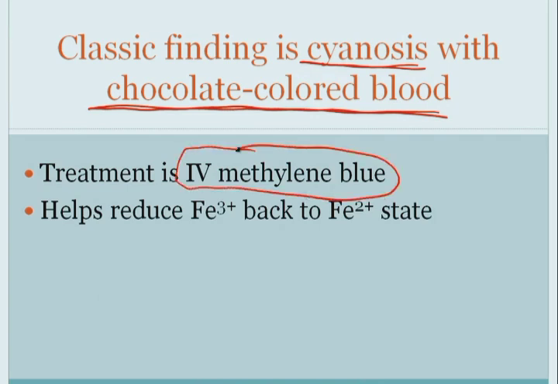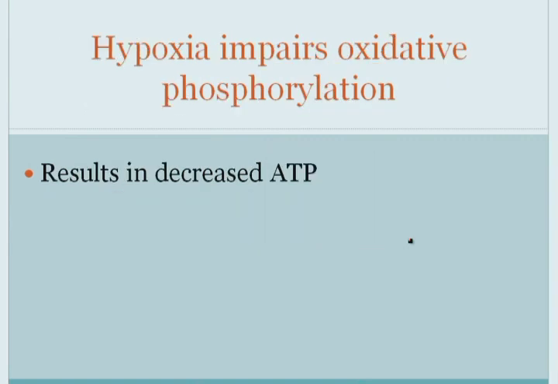It's important for generating the necessary mediators that will reduce iron back to its 2+ state. If I wanted to summarize methemoglobinemia in just a very simple principle, I would say just remember Fe2 binds O2, and that's going to make it very easy to remember.